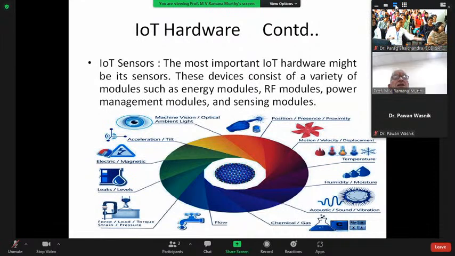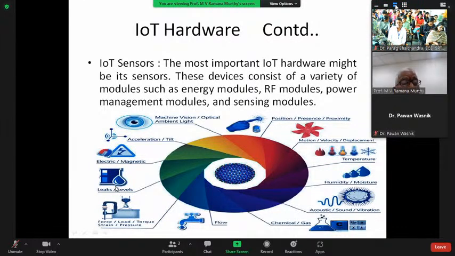Please see this. IoT sensors, its most important IoT hardware might be sensors, I said. In this, you can see, for example, position and presence, motion, velocity, displacement, temperature, humidity measurement, and also acoustic sound, vibration, chemical, flow of water, then force that you are going to use in order to load it, and also torque, strain, pressure.